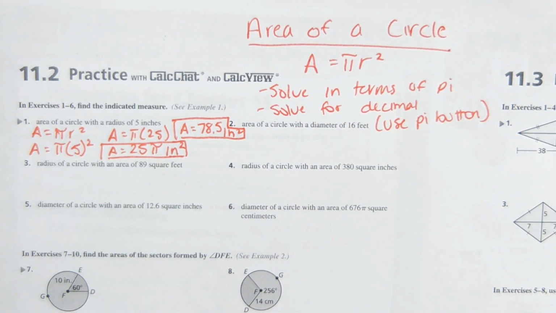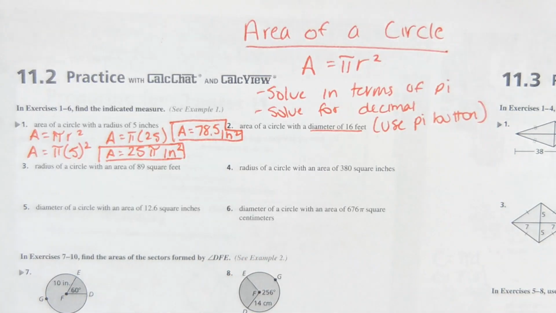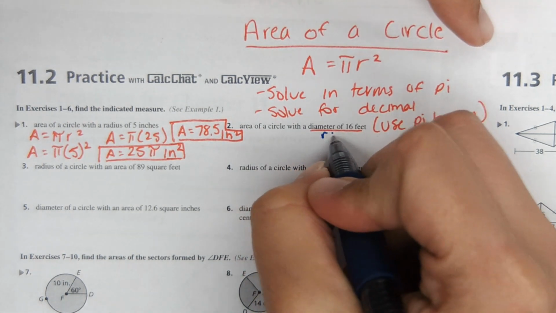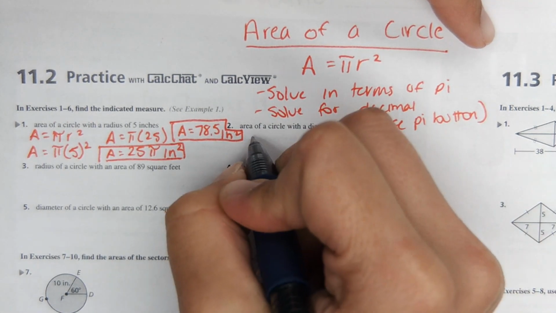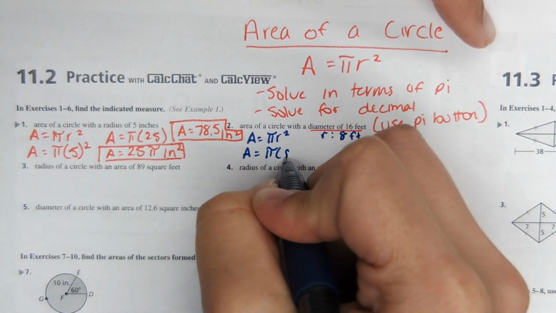Okay, then the next one, area of a circle with a diameter of 16 feet. That means that the radius would be 8 feet. Area equals pi r squared. Area equals pi 8 squared.